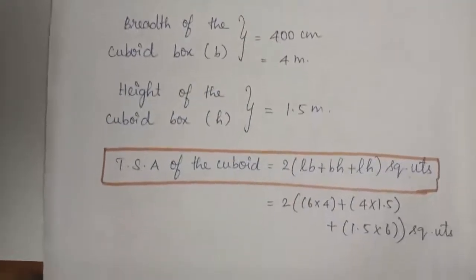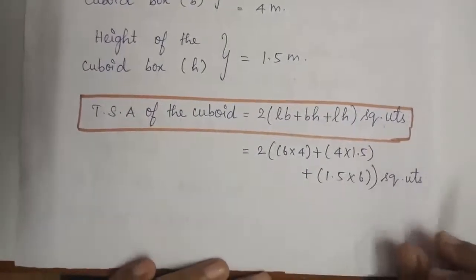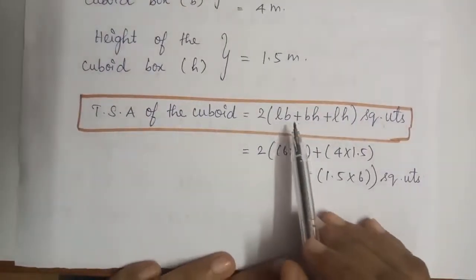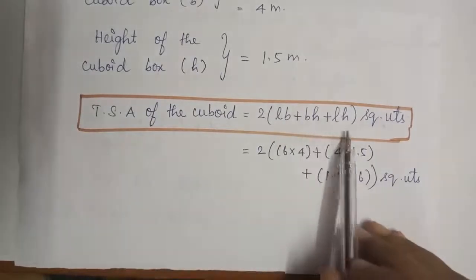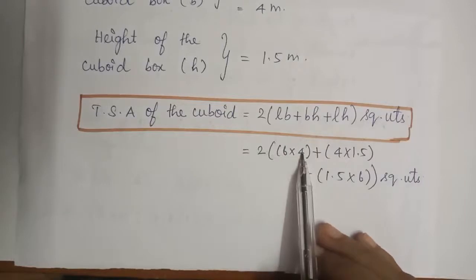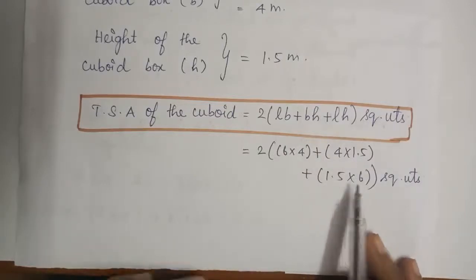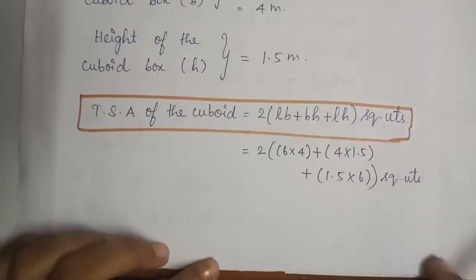So you have to find the total surface area of the cuboid. TSA of the cuboid is equal to 2 into (LB plus BH plus LH) square units, which is equal to 2 into (6 into 4 plus 4 into 1.5 plus 1.5 into 6) square units.